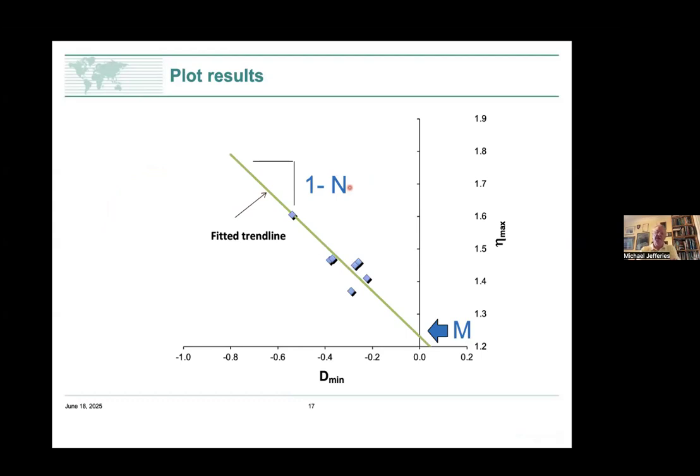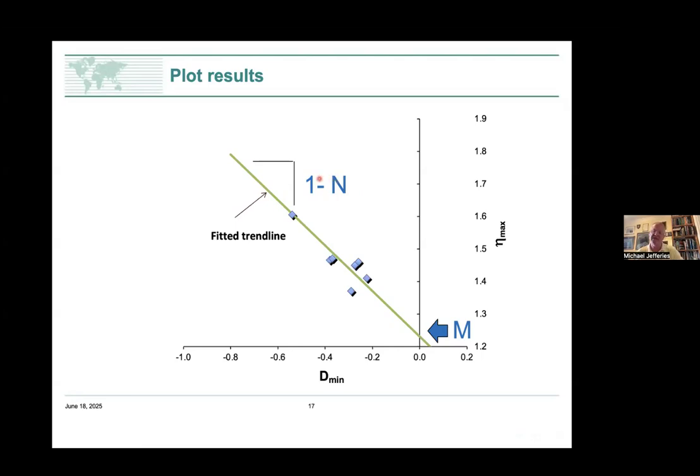So here I've done that procedure, and I think I've got 7 tests on the screen. And if I plot it up, this is the kind of behavior you get. And the intercept of that line with the 0 axis is the soil property M. And the slope of that line is actually 1 minus n. And the reason for the 1 minus n is because in the implementation, n is the proportion of work that goes into volumetric behavior.